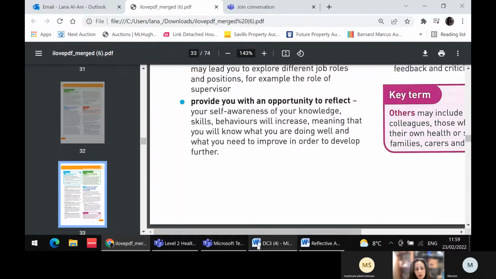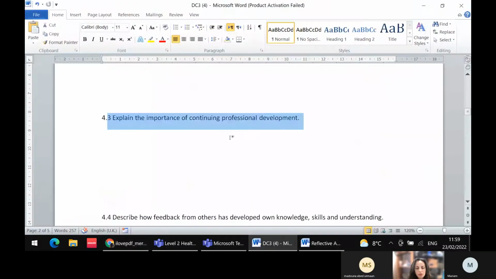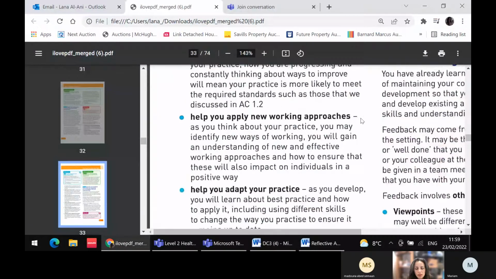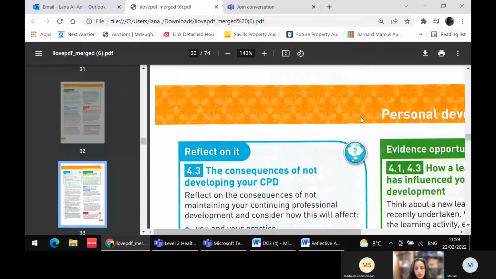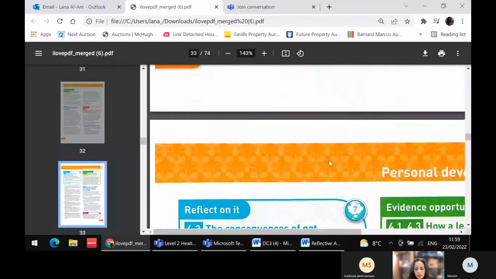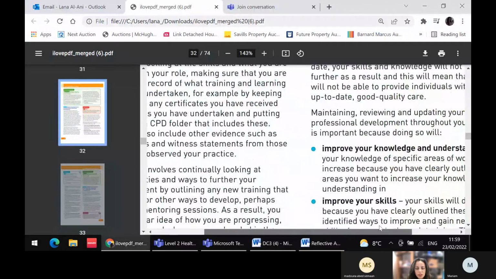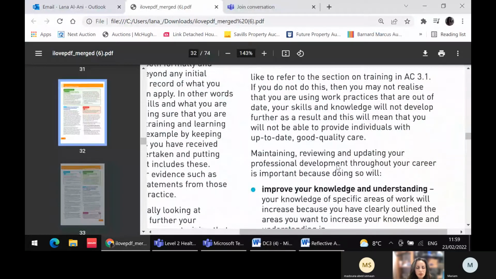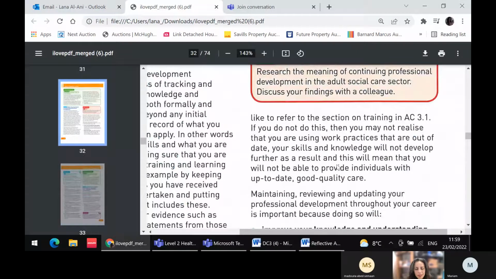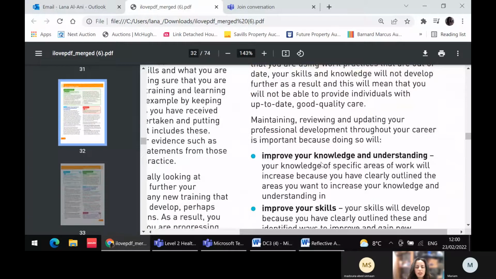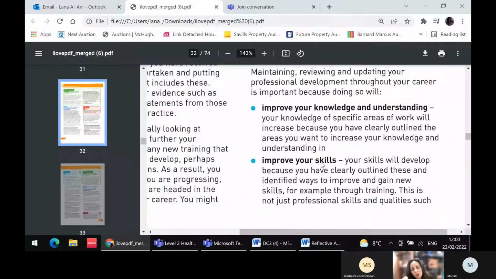So if you were to answer this, where it says explain the importance of continuous professional development, I will just do it from here. Continuous professional development will help me to expand my knowledge, skills, and abilities in the job in the future. And it will, number one, improve my knowledge and understanding.